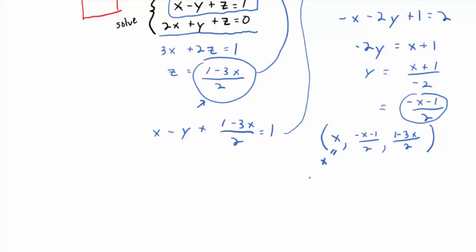X equals x. Now you could change this x to a t if you want. If you don't like having x equal to x, you could change it to a t. You could just say let x equal t. Doesn't matter. And then that changes all of these to t's as well. But for right now, let me just make a point. You have x equals x, y equals (negative x minus 1) over 2, and z equals (1 minus 3x) over 2.